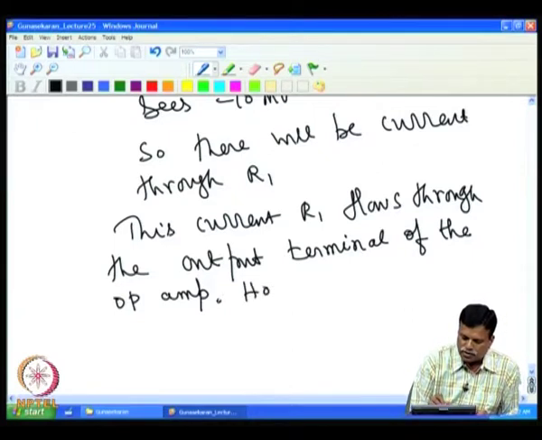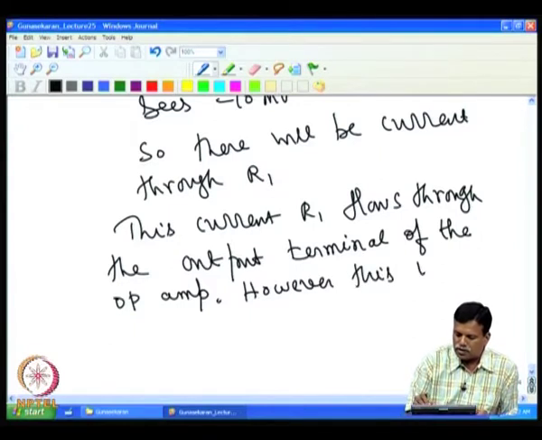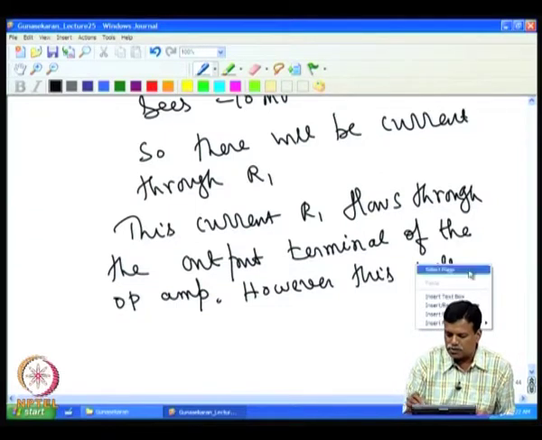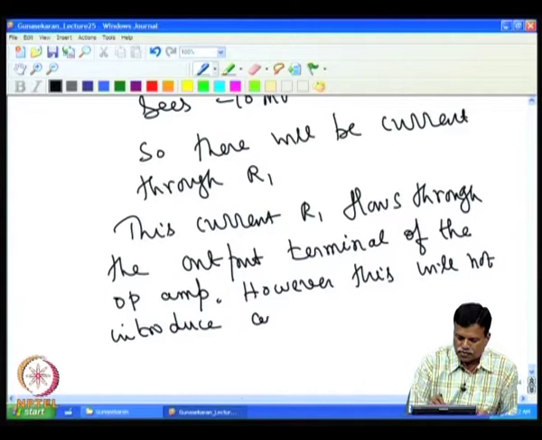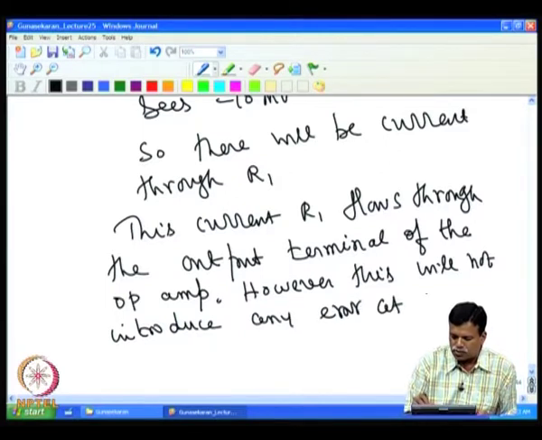However, this will not introduce any error at the output.